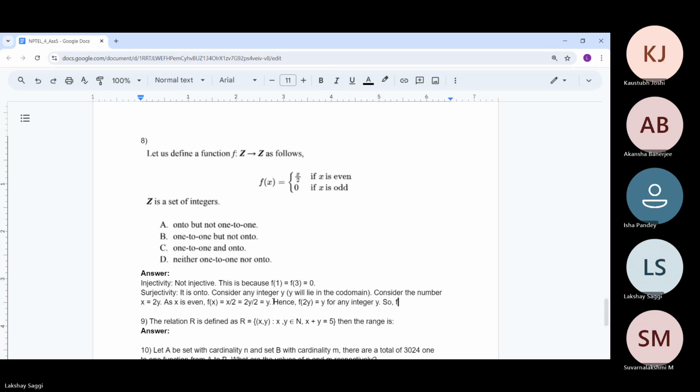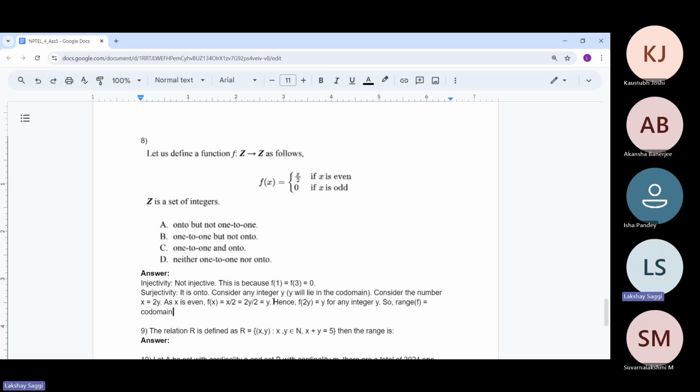So range of f is codomain of f. So I hope this makes sense that range will be equal to codomain because for every element y in the codomain, we are able to find a number which is 2y, such that f of that number is equal to that.